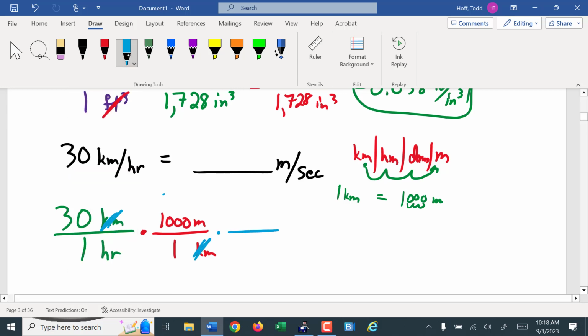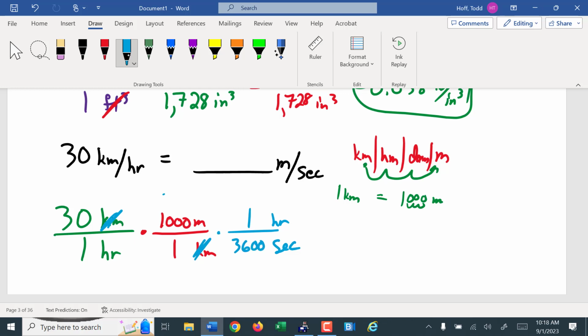Now let's get rid of the hours. I'm going to go straight from hours to seconds here because it does happen enough. Technically, we should go from hours to minutes, minutes to seconds. But there's 60 minutes in an hour, 60 seconds in a minute. 60 times 60 is 3,600. 3,600 seconds in an hour. The hours cancel out. And then we're going to multiply.